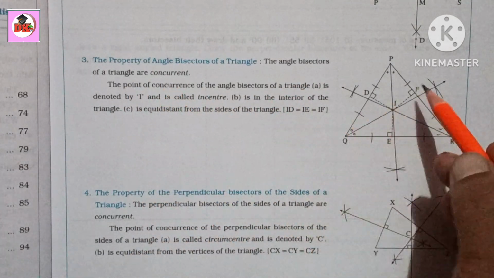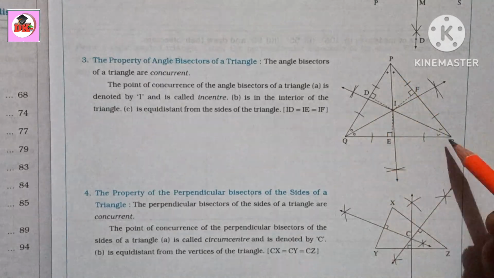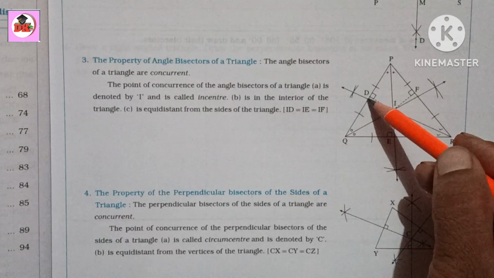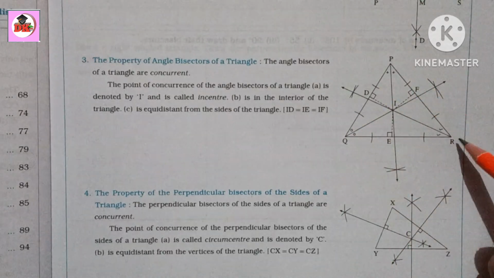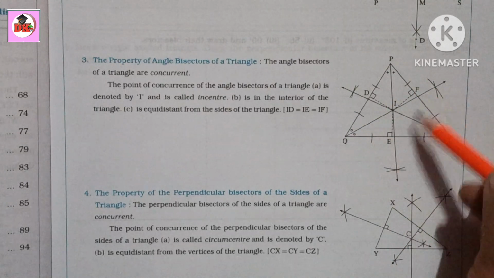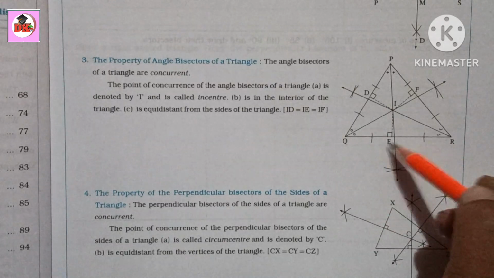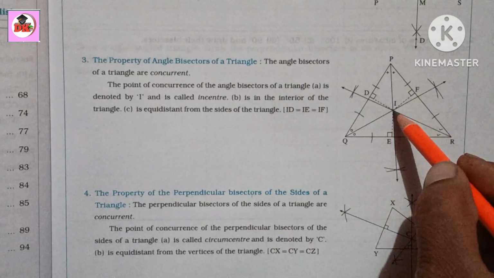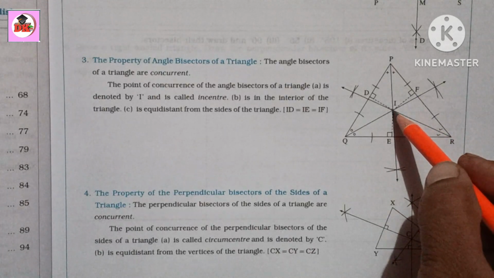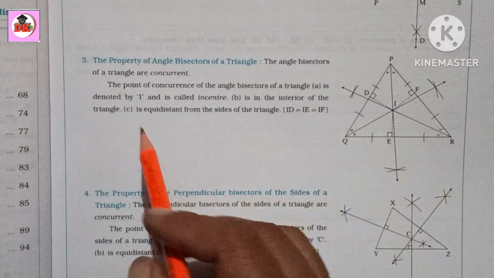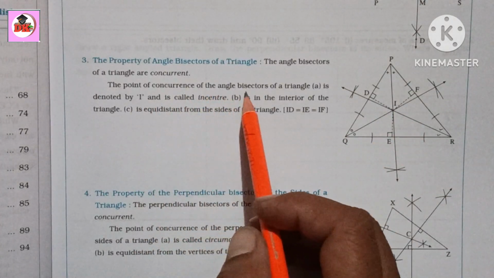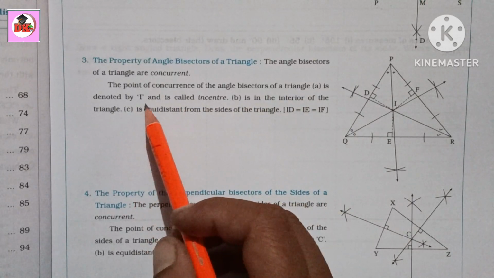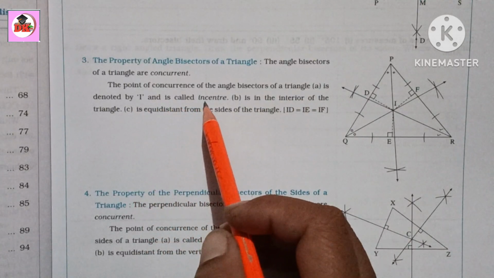Concurrent means, PQR is one triangle, and you draw the bisectors of PQ, PR and QR, and these three lines coincide at one point. This point we call the point of concurrency. The point of concurrency of the angle bisectors of the triangle is denoted by the letter I, and it is called the incenter.